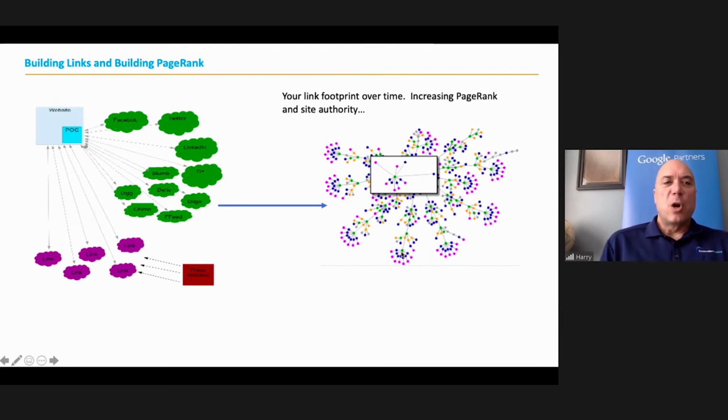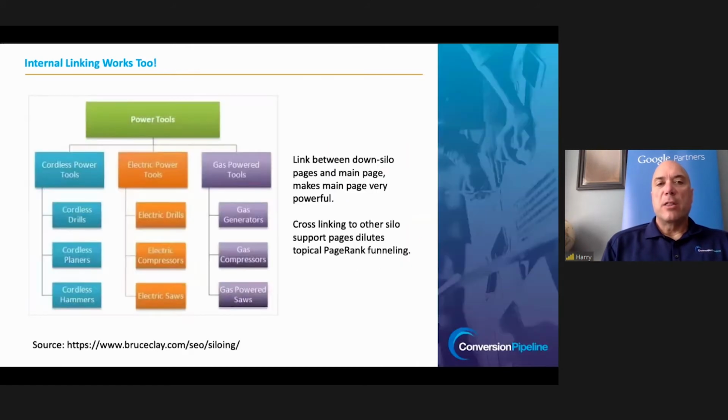Okay, so the thing about PageRank is that we've been talking about links as we commonly refer to them, as backlinks. That is a link from out there on the web pointing to your website. But the reality is that the same thing works, and PageRank is indeed passed within your own website. In your own company's web ecosystem, PageRank is passed from page to page.